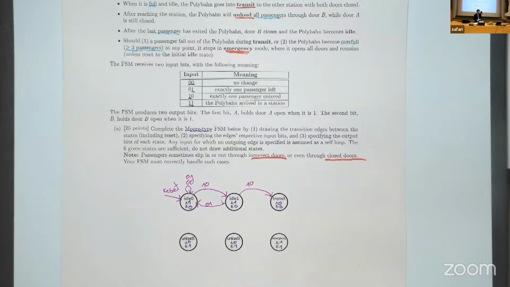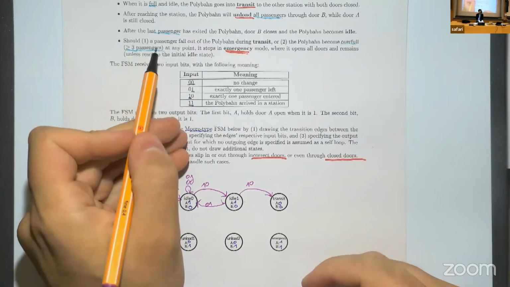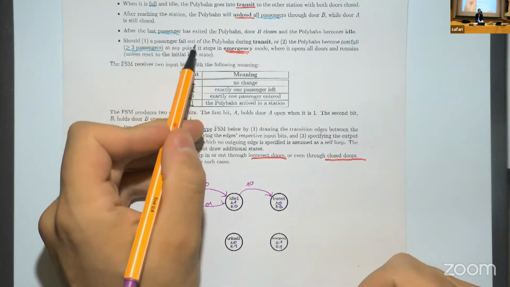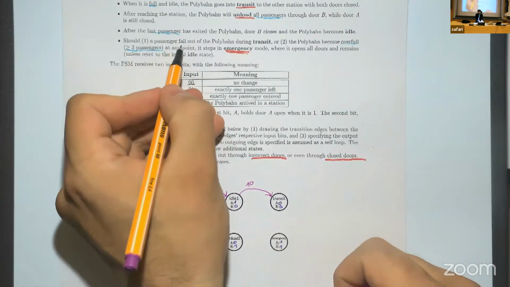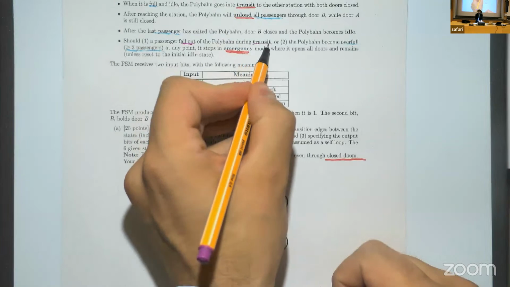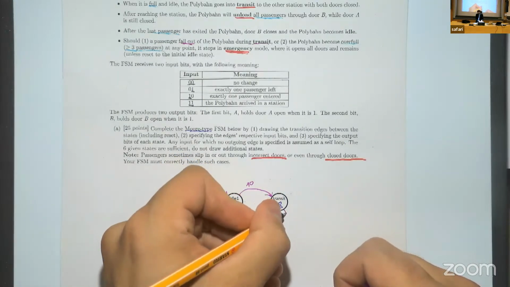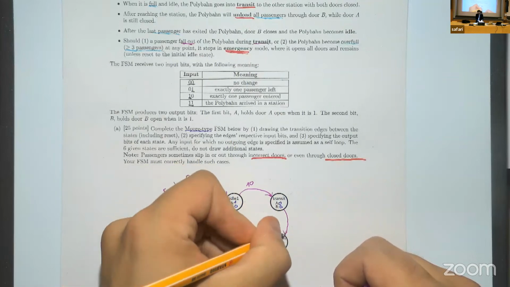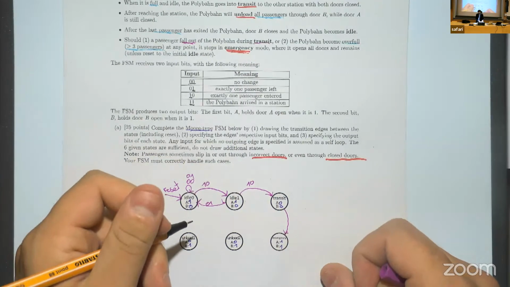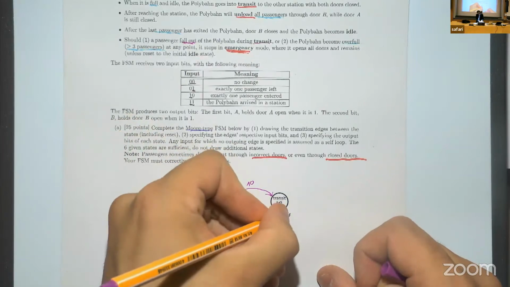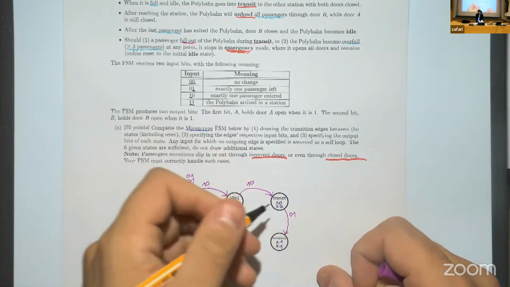Well, if you have a passenger leave during transit, I guess they fell out, as specified here. If you have a passenger fall out during transit, it should go into emergency mode. Sure, let's try to avoid losing passengers along the way, but if we do, we go into emergency.